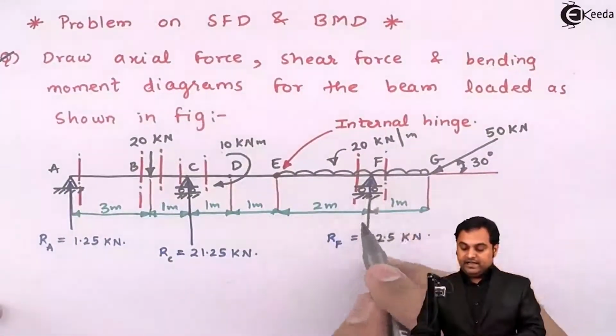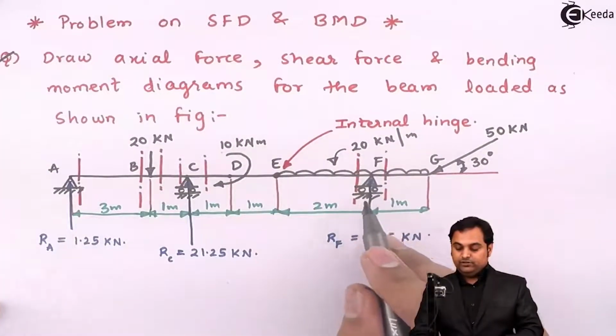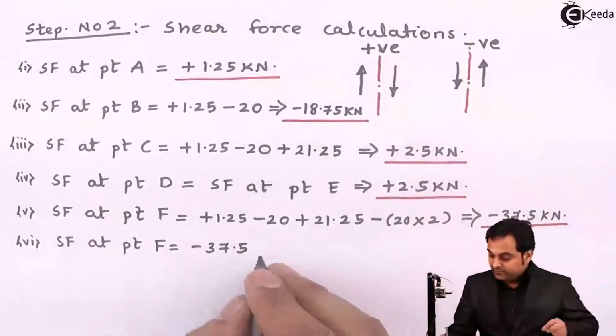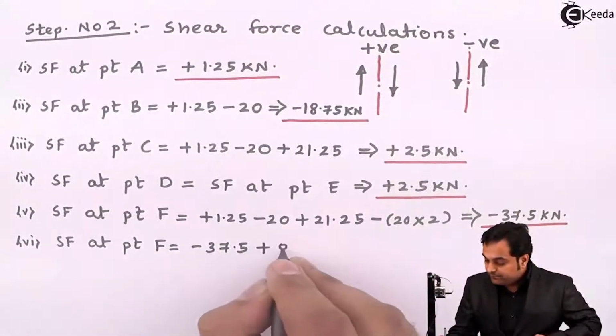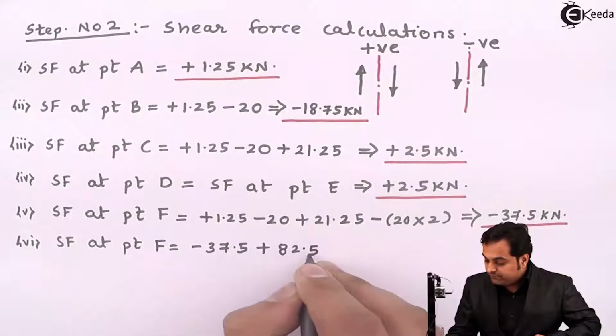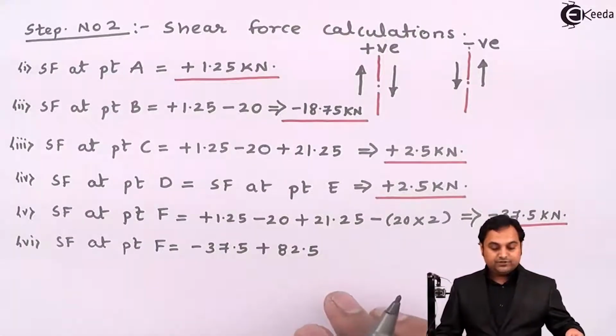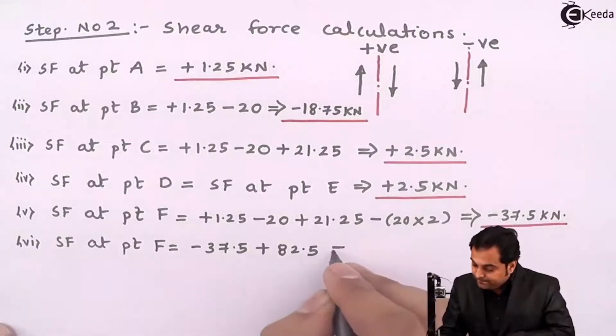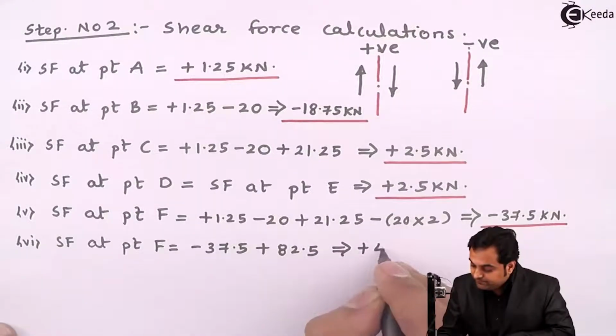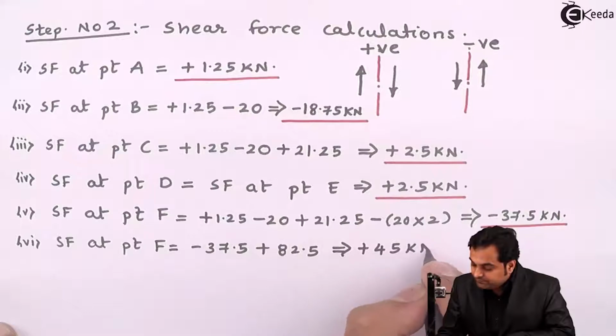Then here I have RF, which is acting upward on the left hand side section, so positive, that is plus 82.5 kilonewton. So from this I'll get the value of shear force at point F as plus 45 kilonewton.